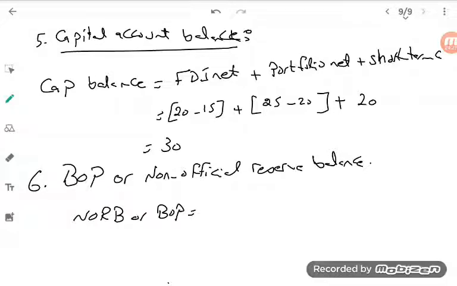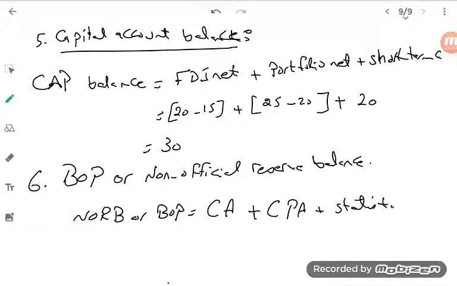It is the summation of current account balance and capital account balance plus statistical discrepancy, or known as errors and omissions.